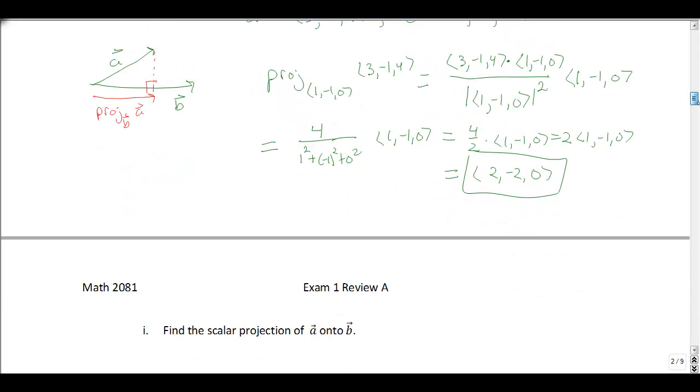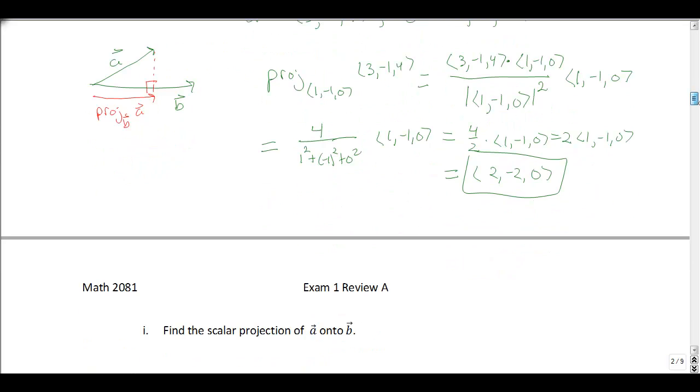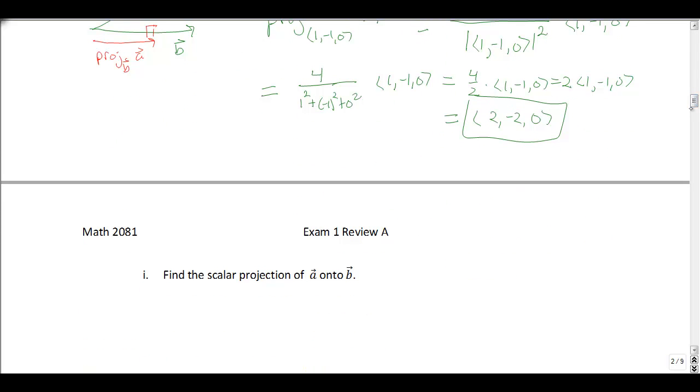Okay. Now that was vector projection. Let's find the scalar projection of a onto b. So the scalar projection is really the magnitude of the projection of a onto b. So given that we have the vector projection, you could just take the magnitude of that vector. That would be fine.